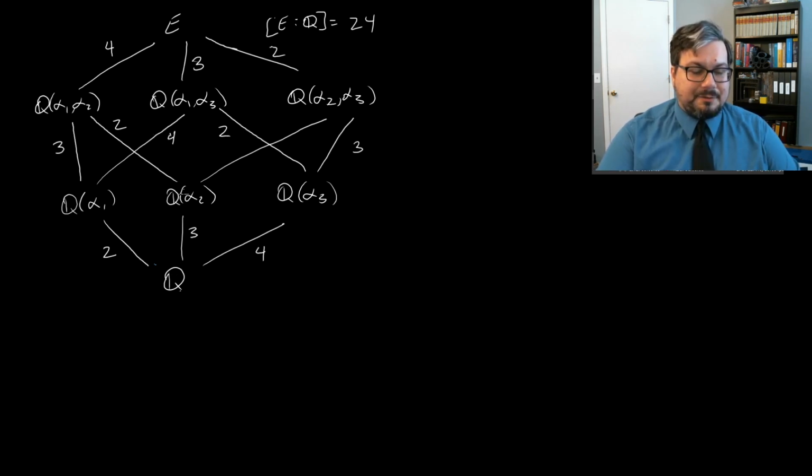the only one left is the path going from Q(α2) to Q(α2, α3). We want to know that extension. And if we consider the extension from Q to Q(α2, α3), that has degree 12, which we know from the right-hand path here. And so on the left-hand path, we've already got a degree 3 extension, so the other extension along the path must have degree 4.